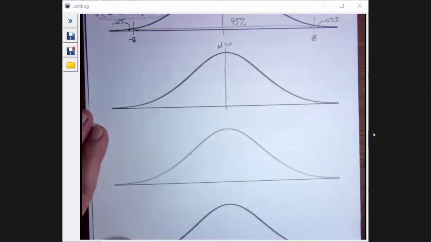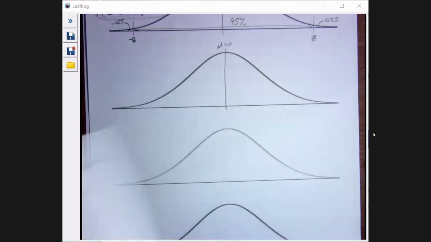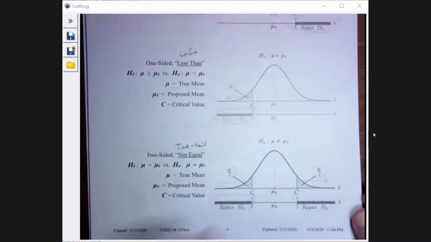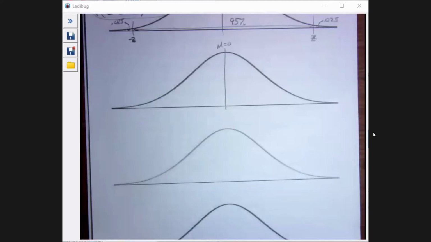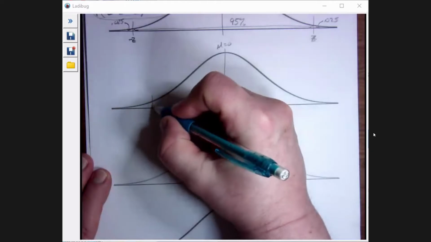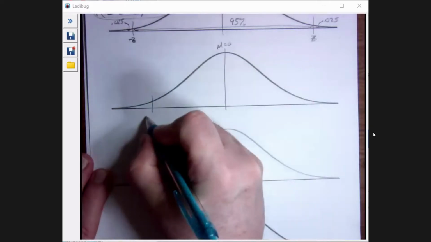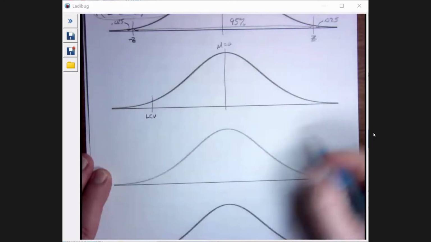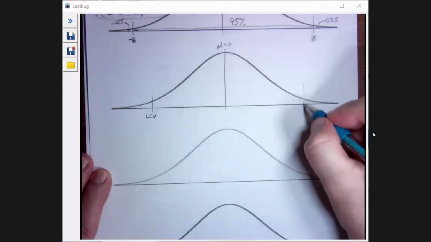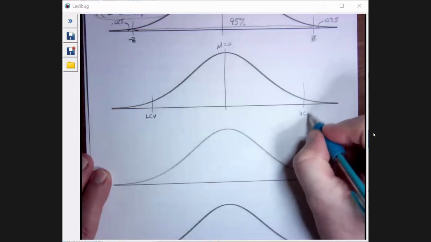Remember from the picture, you should refer to page 6 anytime you need to, that in the two-tailed test, half of alpha is in each tail. So I'm going to have a value here that I call the lower critical value, and a value here called the upper critical value.